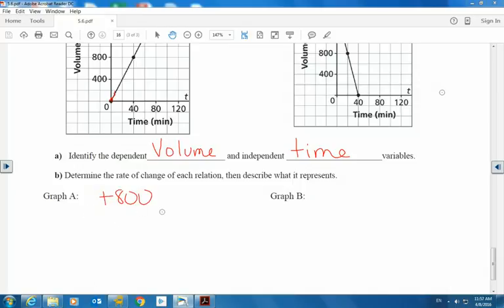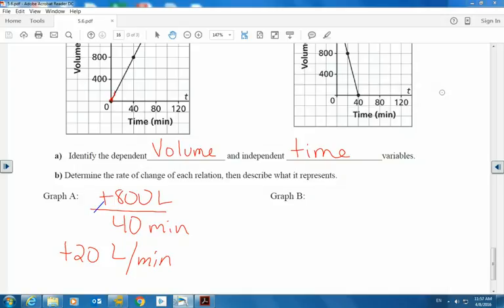Now what is the change in time? 40 minutes? Okay. So my units here, this is liters and this is minutes. So what is the rate of change for graph A? Plus 20 liters per minute.